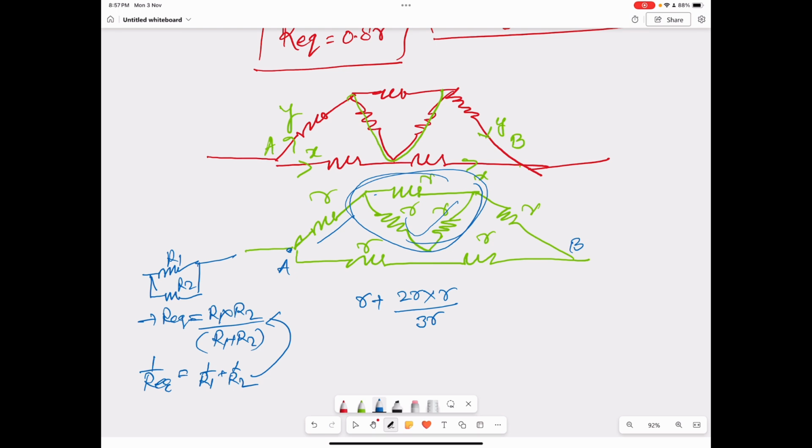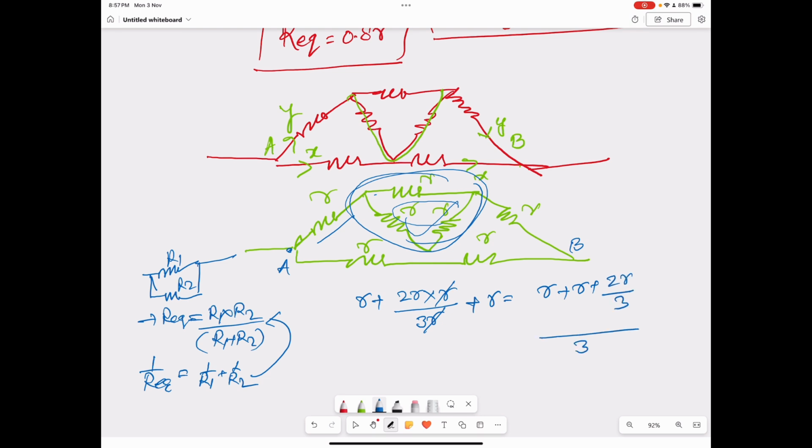So 2R will be the series, so I will make it as 2R. This I will make as 2R. This is R, and 2R into R by 2R plus R, 3R. So this I can write as R plus 2R by 3.